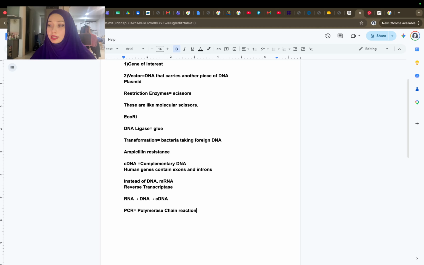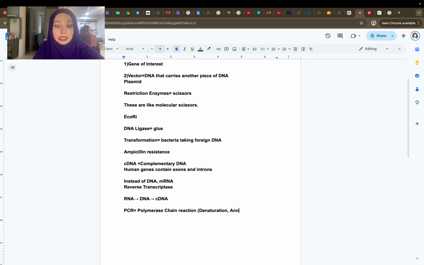It is basically a photocopier. Like we have 1 copy, 2 copies, 4, 8, millions. And PCR has steps. First, denaturation, where we heat the DNA and the 2 strands separate.